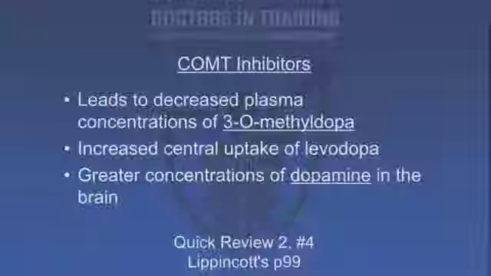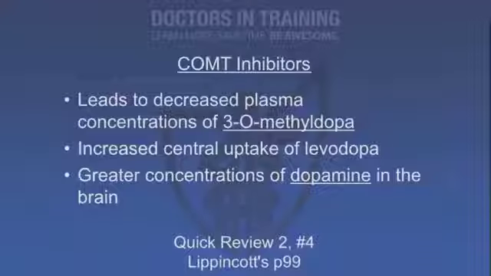Next question. What are the advantages of adding a COMT inhibitor to levodopa? So this leads to decreased plasma concentrations of 3-O-methyl-dopa, and increased central uptake of levodopa. So you get a greater concentration of dopamine in the brain. Next question.